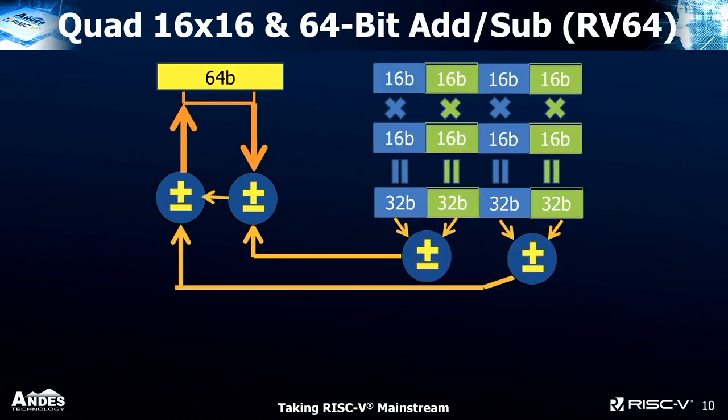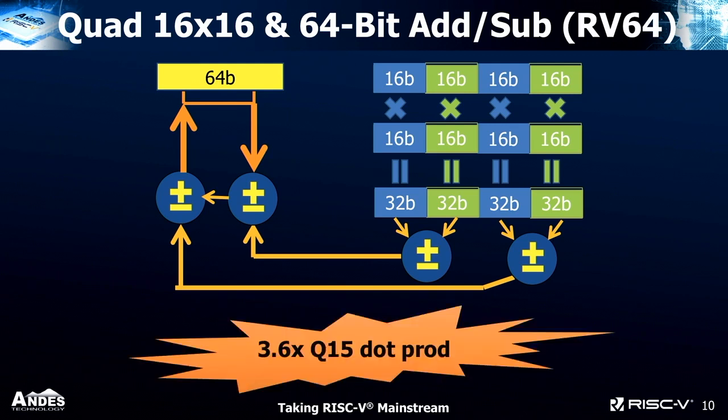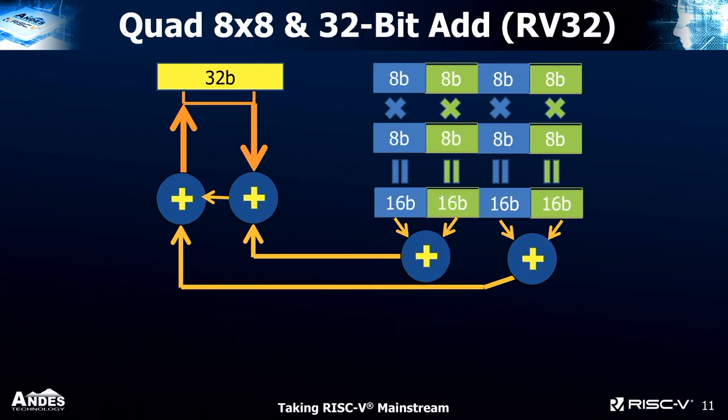And in RV64, we do 4 16-bit multiplications and accumulate to a 64-bit result, and it has 3.6 times the performance over baseline in Q15 dot product functions. The extension also includes 8-bit multiplication.